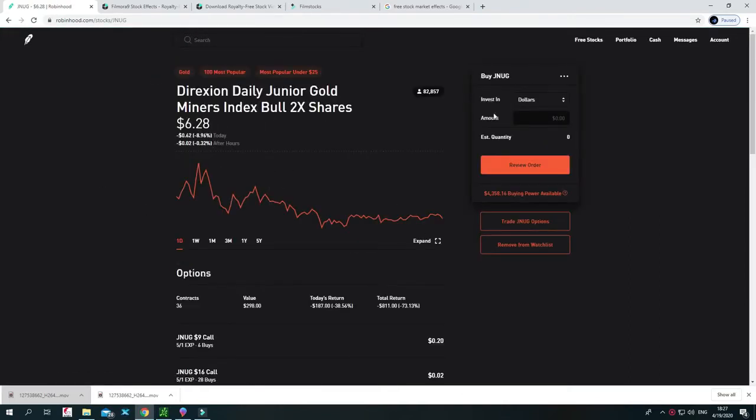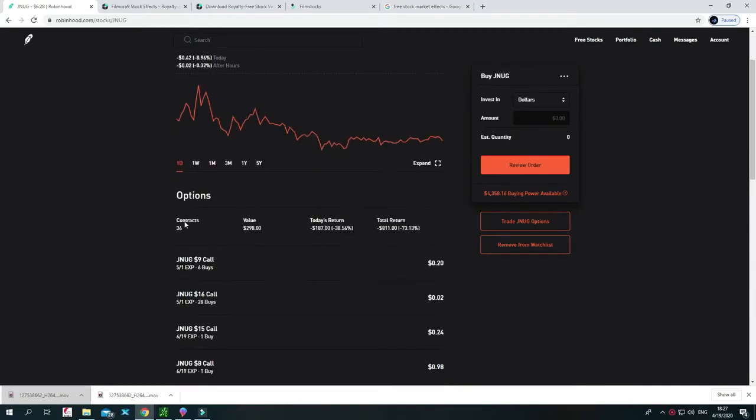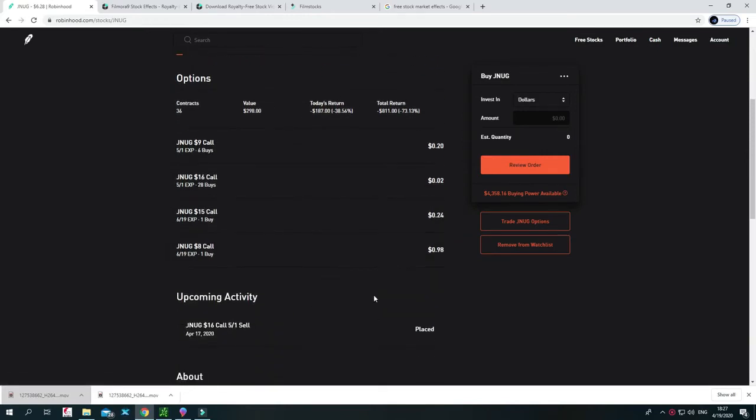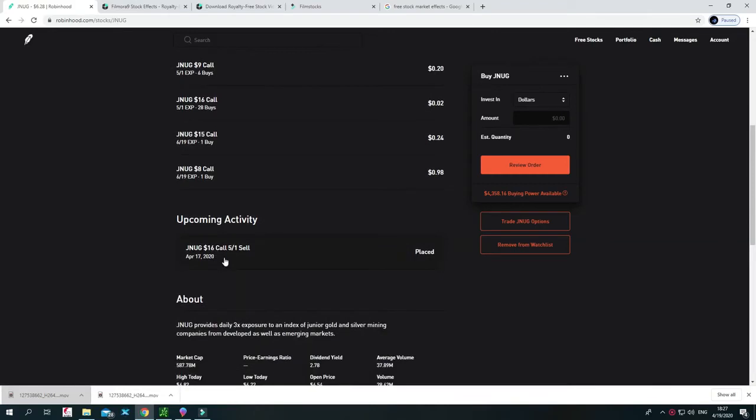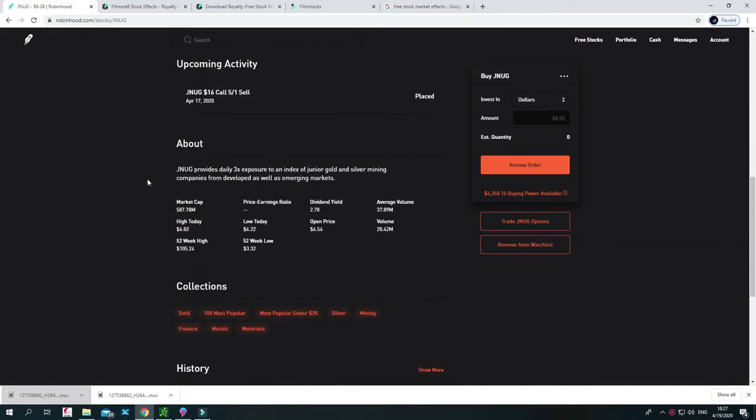Here it gives you the overview of the company's portfolio. I did trade options. Those are all the ones I'm in right now. Upcoming event. Oh, excuse me, this is what I placed for. You can read about the company, dividend yield. So they do pay a dividend.